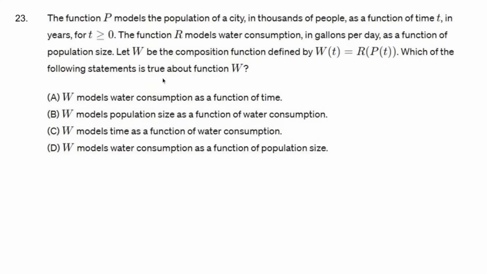Which of the following statements is true about w? Now, before I go on further, this problem looks very similar to an actual AP Precalculus test problem. And when you're finding w of t, it's still a function of time.